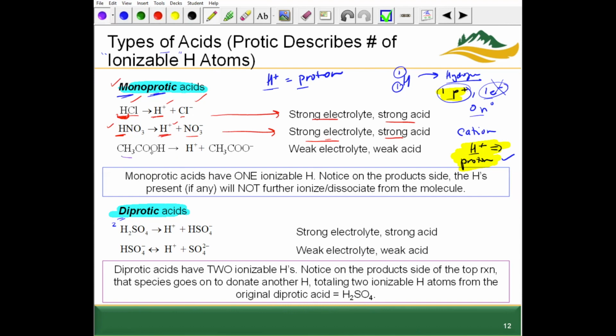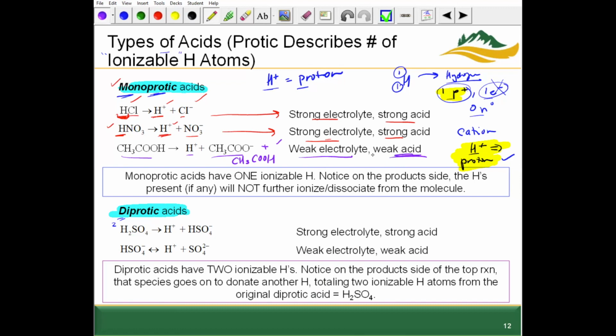Then for acetic acid, we've seen this will dissociate into H+ and its counterpart, but very importantly, as a weak acid, it will also have the original acid fully intact on the product side. Because it does not fully dissociate, this is considered a weak electrolyte and a weak acid.